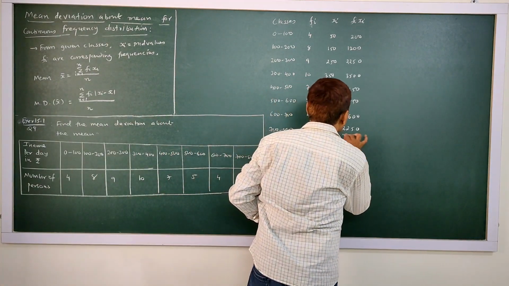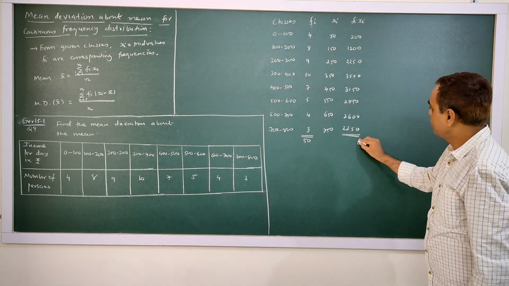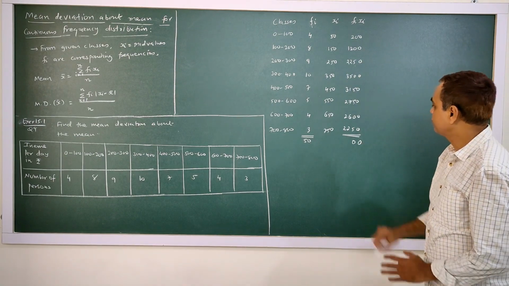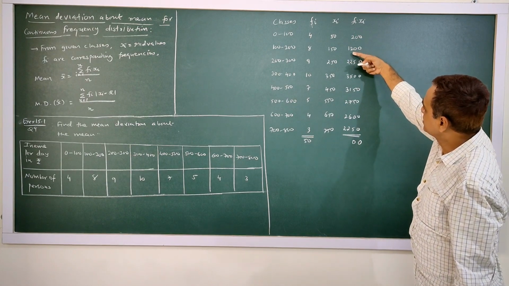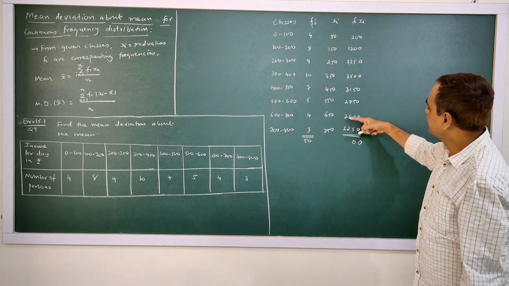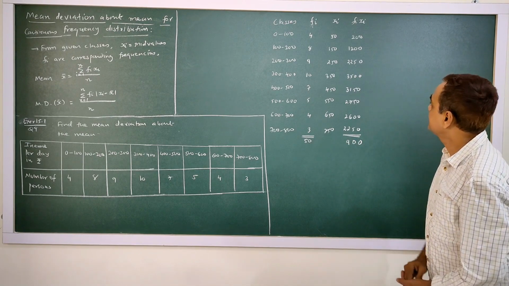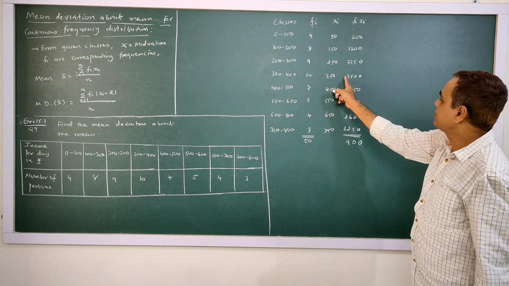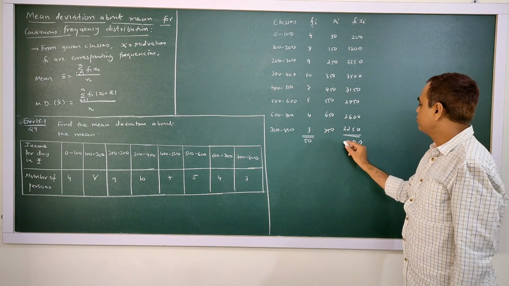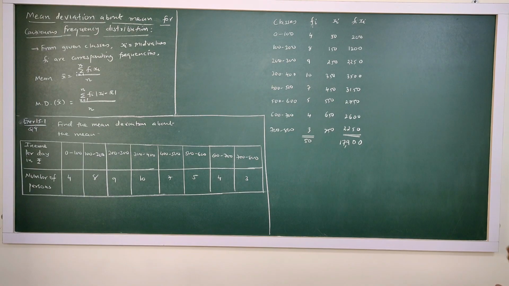Sigma of Fi into xi is the sum of these numbers, so 17,900. This will be sigma Fi xi.